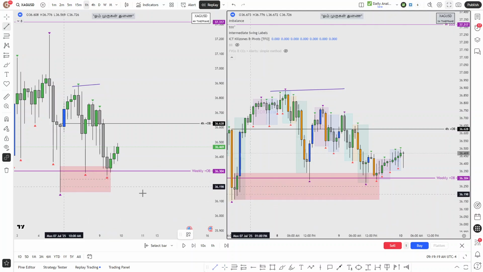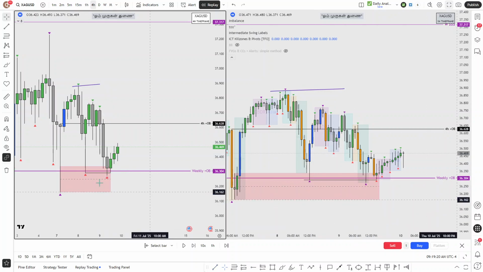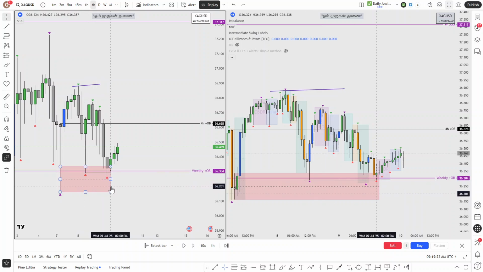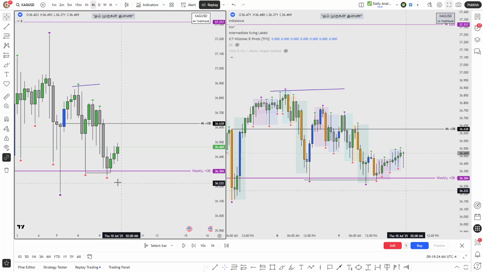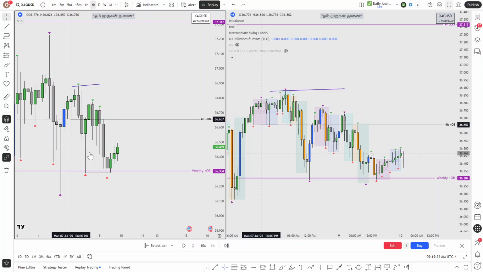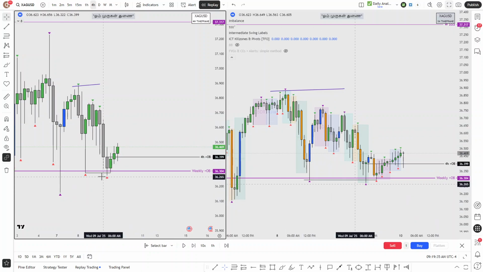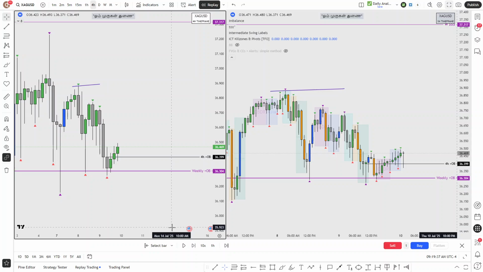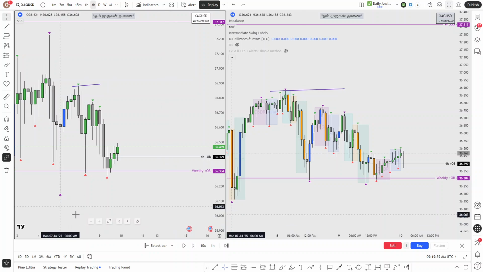After this low has been collected, I will take out this order block now. After this low was collected, we can see a close above this. So this was my 4 hour bullish OB, ideally. So I was confident enough for the price not to come down again.